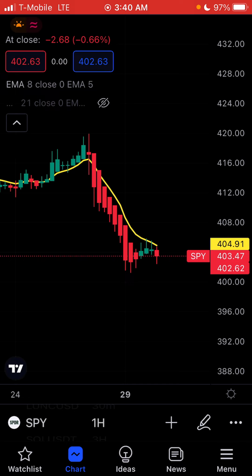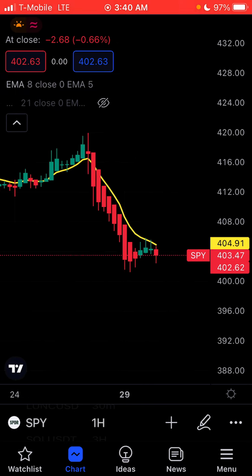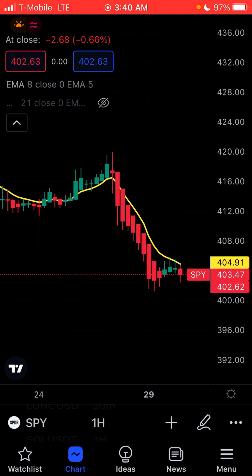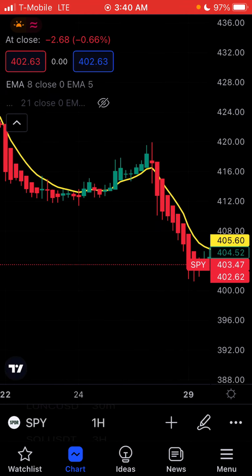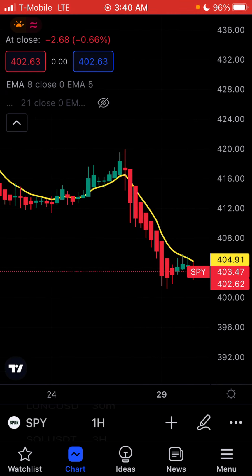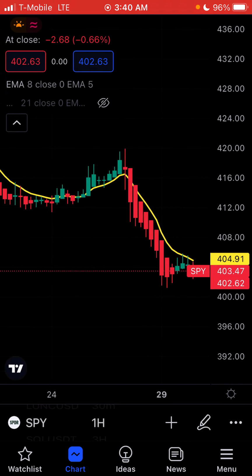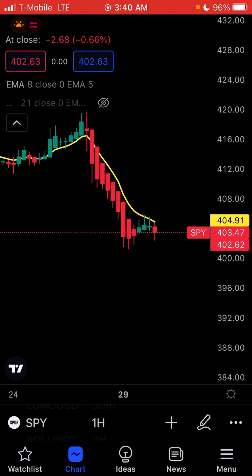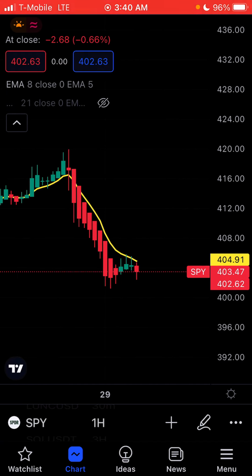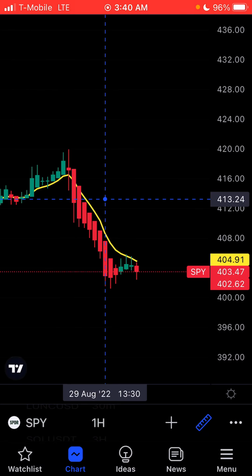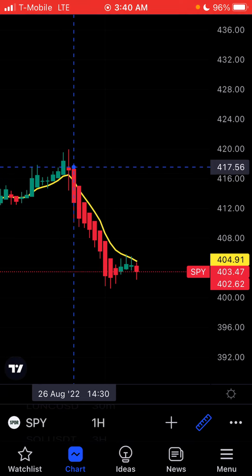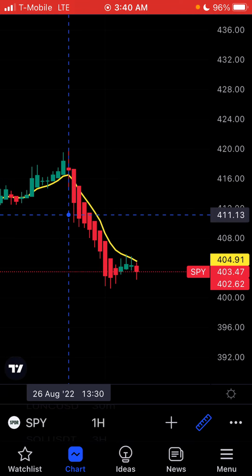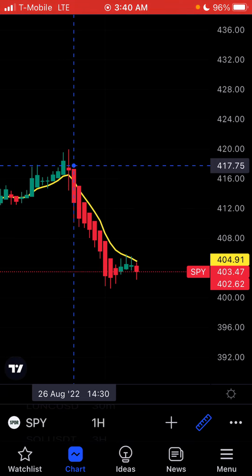I looked at the 8 moving average, and I noticed that, especially with the stock market, every time the candle goes through the line, whether it goes down or up, you can see that. I'm on the hour. So you see the red candle right here going down, going through the 8 EMA.